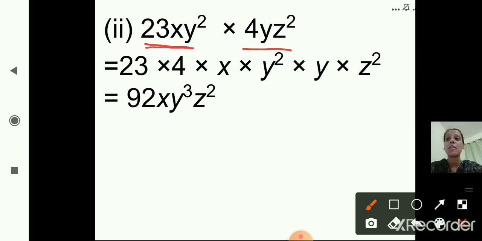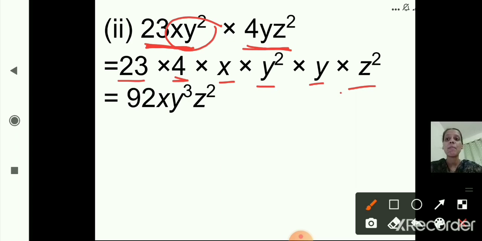In the first expression the coefficient is 23, and in the second the coefficient is 4. So we will multiply 23 by 4. Then we will multiply the variables. The variables are x, y square, and y, z square. You can write y multiplied by y, or directly y square, and z square as z multiplied by z. That is also correct.